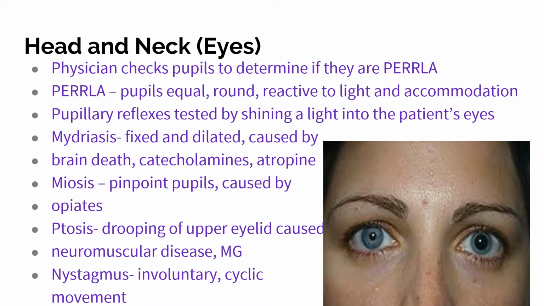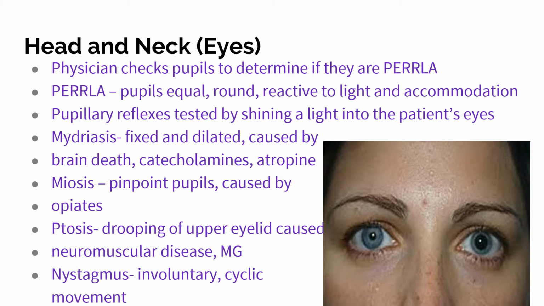I also want to include this slide about examining the eyes. You'll definitely see the physicians in the ED look at people's eyes. They're checking to see if they're PERRLA. You need to know the acronym for this, PERRLA. Are the pupils equal, are they round, and are they reactive to light and accommodation?